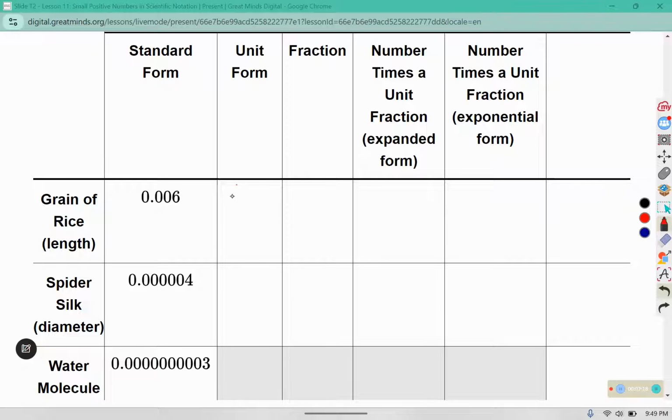So this is 6 thousandths. Then for the fraction, that would be 6 over 1,000. We could write that as 6 times that fraction 1 over 1,000. Or we could write it using a power of 10 in the denominator, which would be 10 to the third for the thousands.